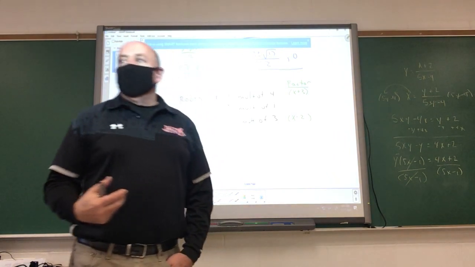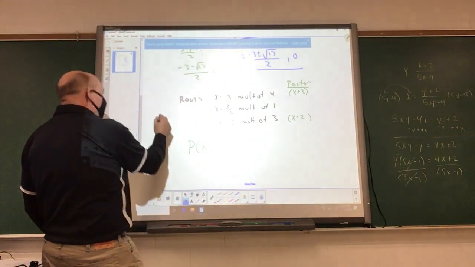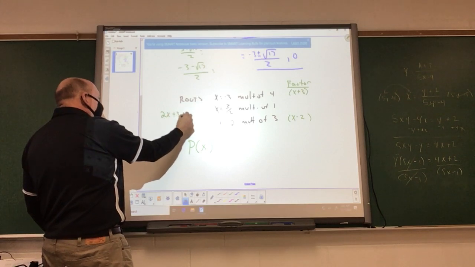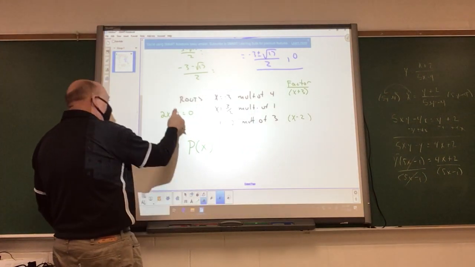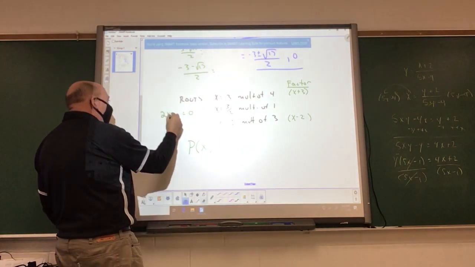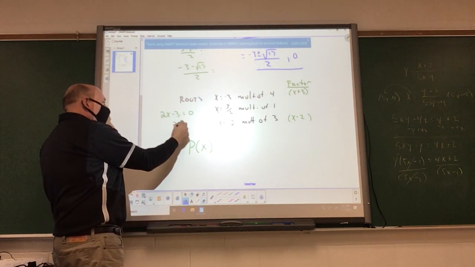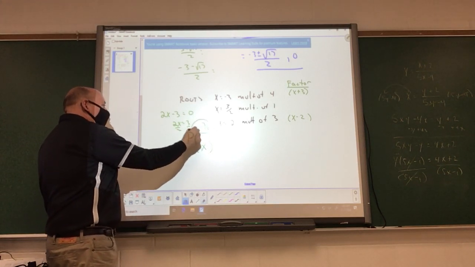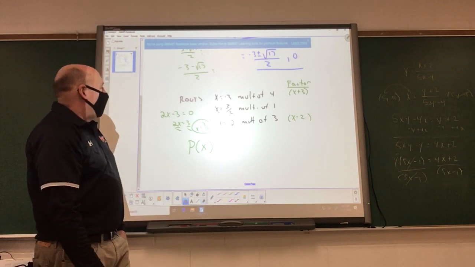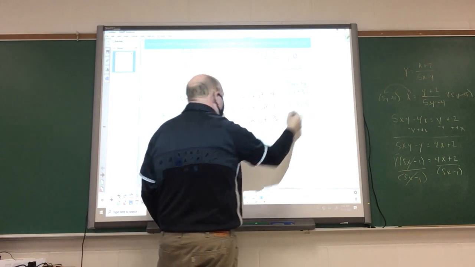What would be the factor? 2x minus 3. If I add 3 over and divide by 2, x would equal 3 over 2. So my factor would be 2x minus 3.